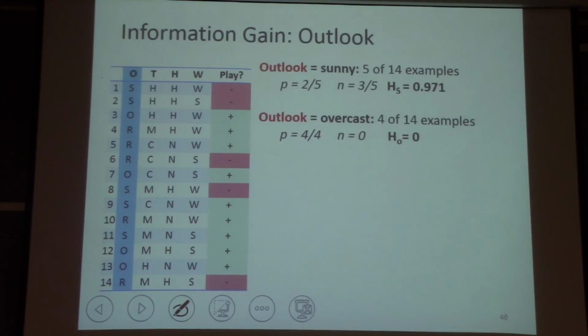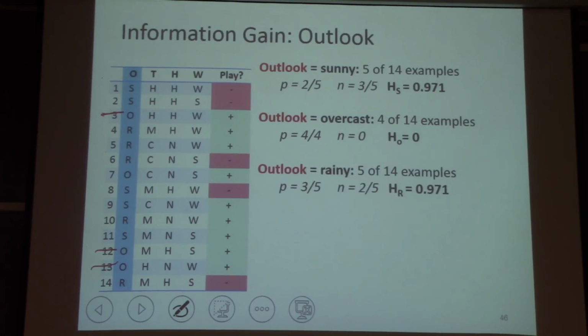Overcast gives you an entropy of 0, because every time it is overcast, the label turns out to be positive. So the entropy is 0. And I can do the same thing for rainy, so you get the entropy of all 3 possible partitions.